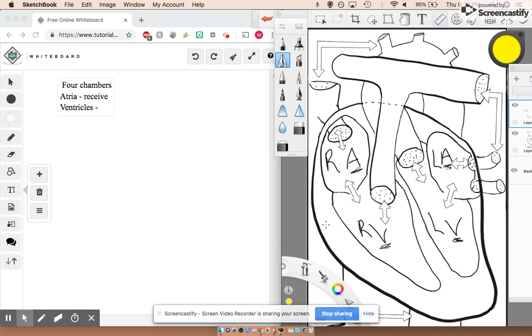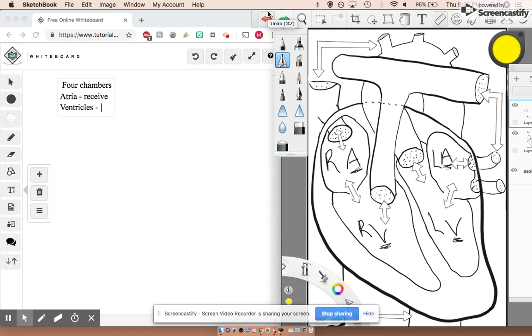Don't color this on your diagram, but all of this over here is representing muscle. If you look around the atria, there really is not as much muscle around them as there is around the ventricles. The ventricles are really surrounded by muscles, and they're able to force blood out of the heart.